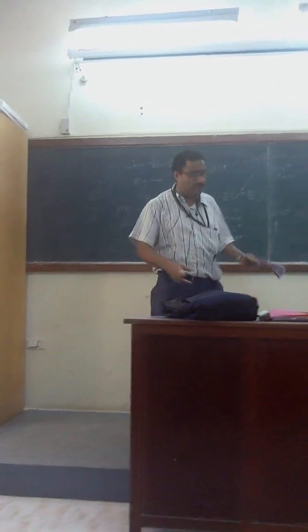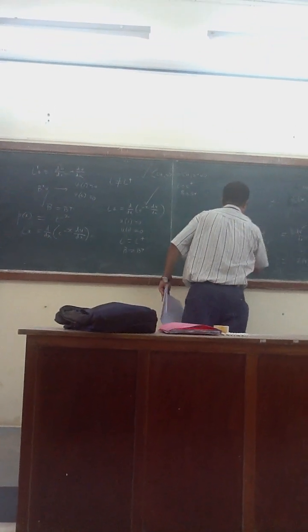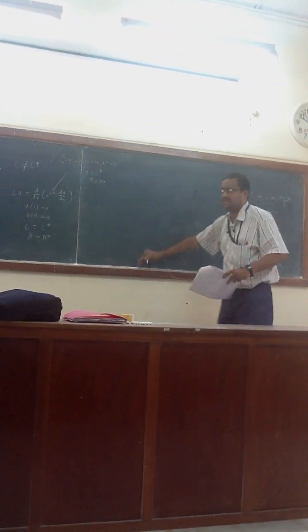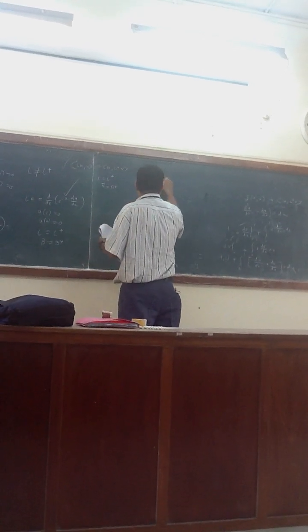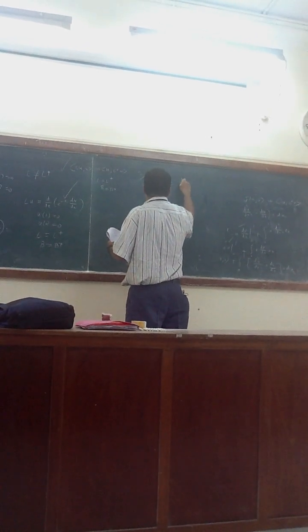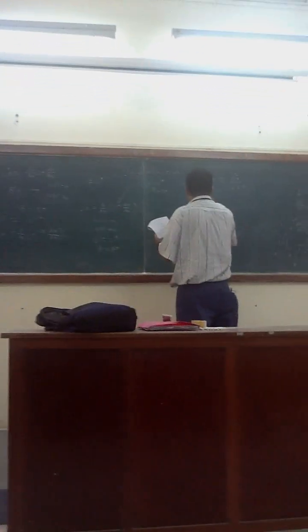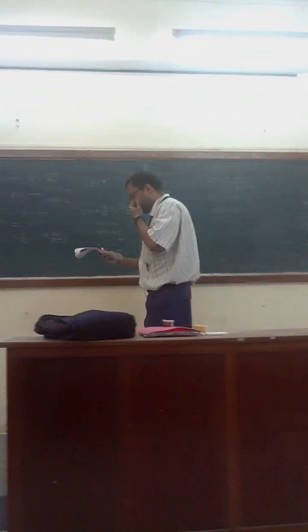Okay, I'll give another problem and leave the class. You can do it, and up to today's class is the syllabus. The syllabus of the second quiz is up to today's class. So next problem, problem number 2, which is d2u/dx squared, with u0 equals 2u'(1) and u1 equals 0.